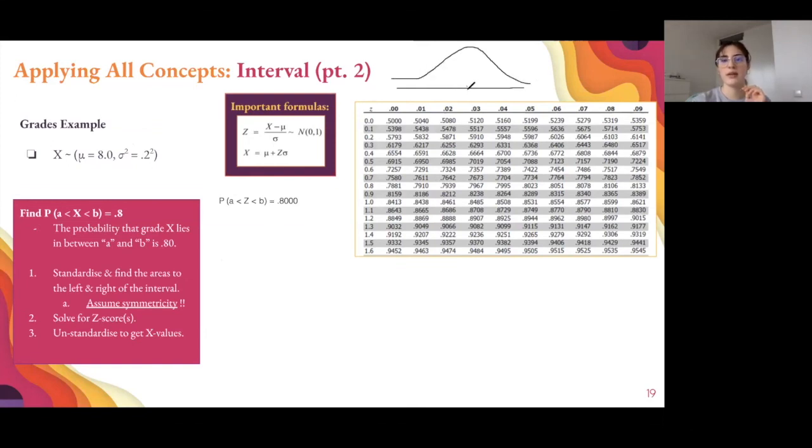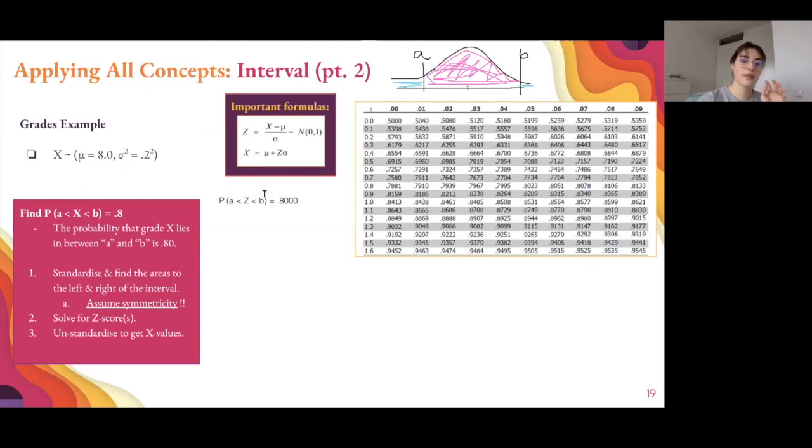Here's our mean. Here is A, here is B. And we're trying to find this area in between. I'm going to go with pink again, this pink area. This is what we're trying to find. And again, this area is equal to 0.8, and the areas on both sides are 0.1. So both of these are equal to 0.1.